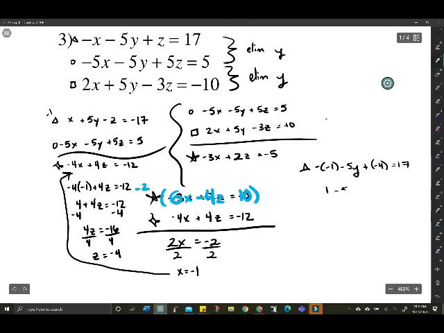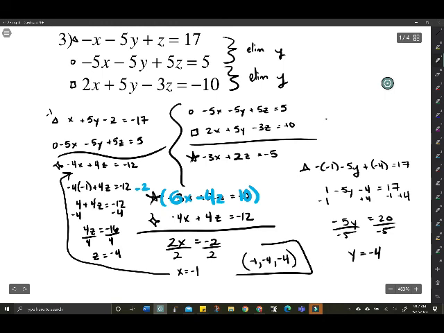That's 1 minus 5y minus 4, which means if I subtract 1 and add 4, I have negative 5y is equal to 17 minus 1 plus 4, a nice old 20. And divide by negative 5. And I get y is equal to negative 4. Okay, so negative 1, negative 4, and negative 4 is that solution.